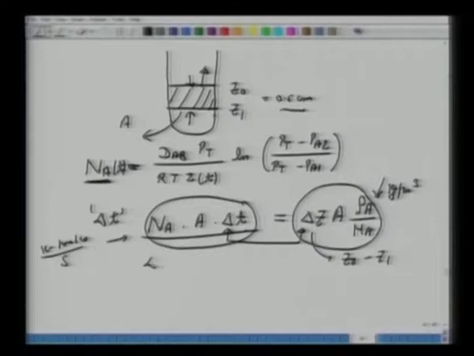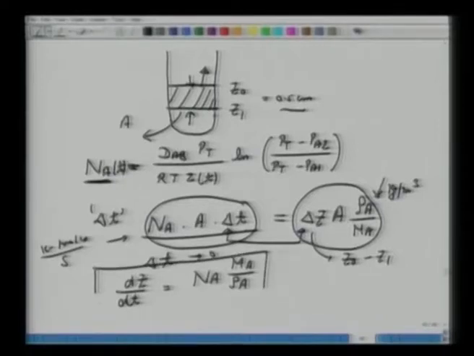In the limit of del T tends to 0, essentially we have dZ over dt equals NA MA over rho A. This is the expression for dZ by dt, the rate at which the surface level changes: NA MA over rho A. In reality, NA is also a function of time, but we are assuming that NA is quite fast compared to the rate of decrease of this level.